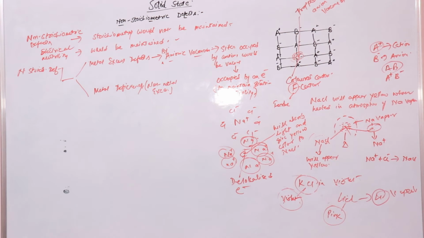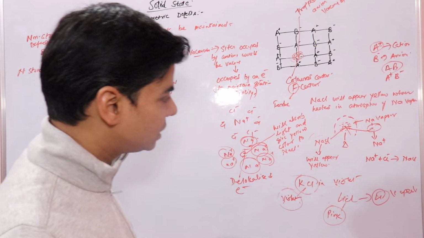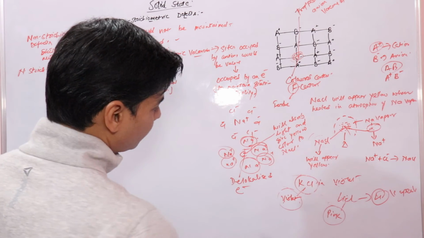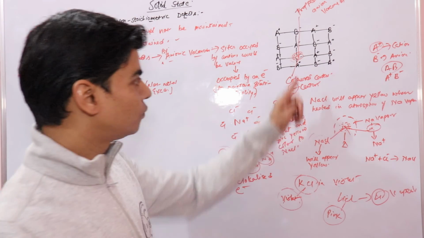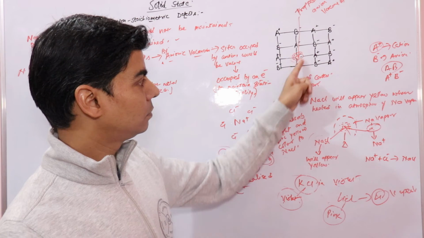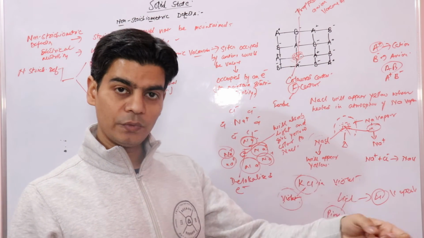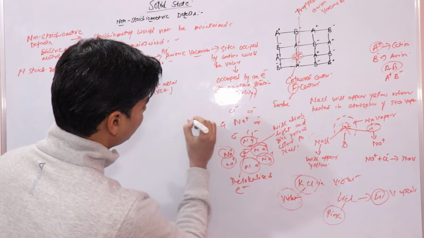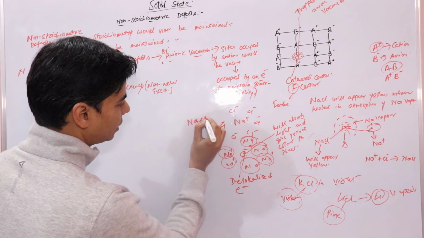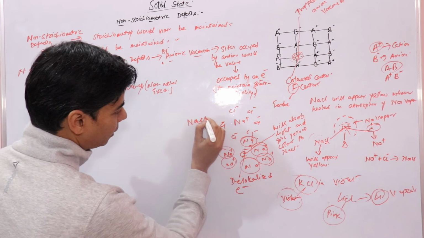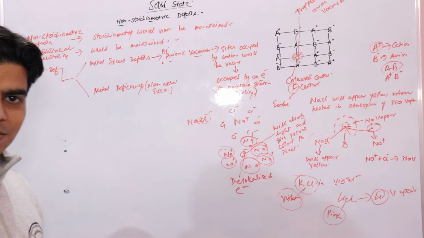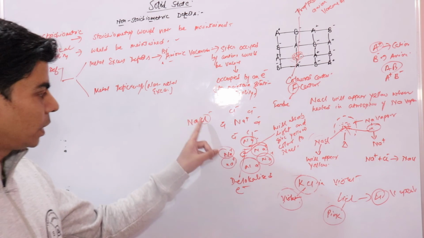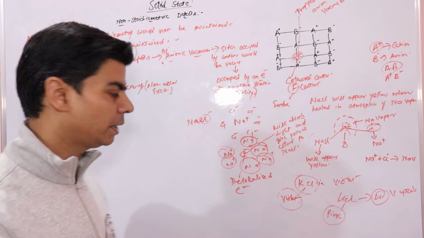Now what about the stoichiometry? You can see that stoichiometry is not maintained. Why? Because we have excess of metal ions and one of the anions is missing from its site. So now we have one anion less. In sodium chloride, it appears yellow because we have one chloride ion less than the original, and the site of that chloride ion is taken over by an electron.